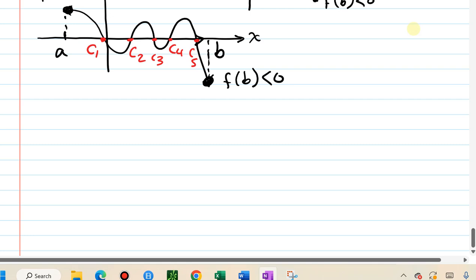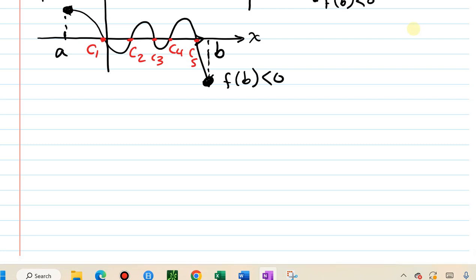So we often use this theorem to show that there is a zero between such and such numbers. Okay, so for example, let me make up an example real quick for this one.